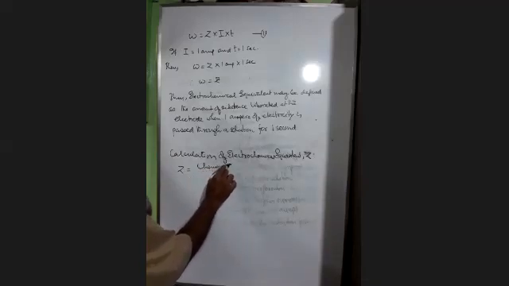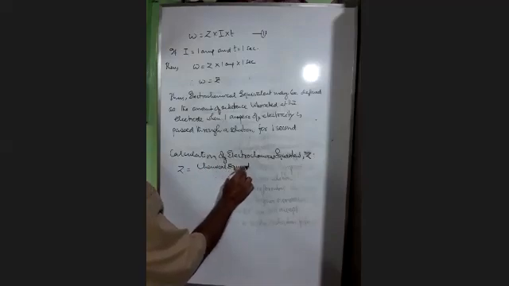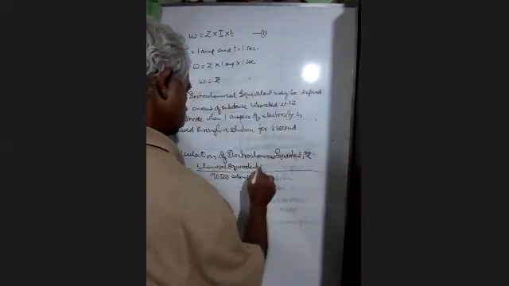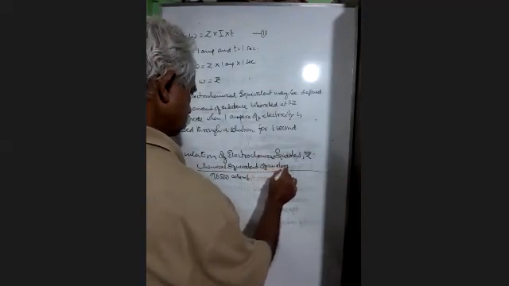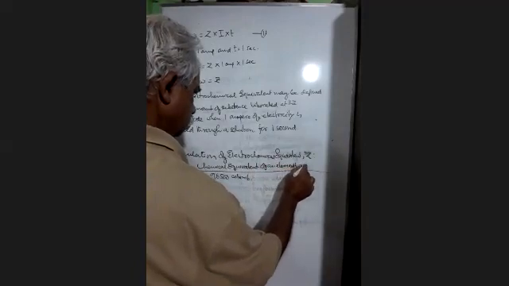Z is equal to chemical equivalent divided by Coulomb. Now, what is chemical equivalent?